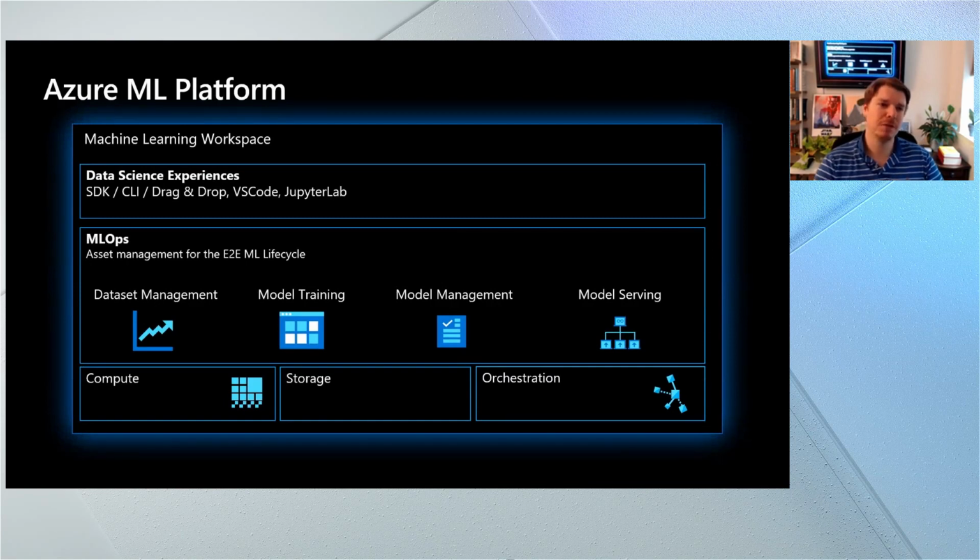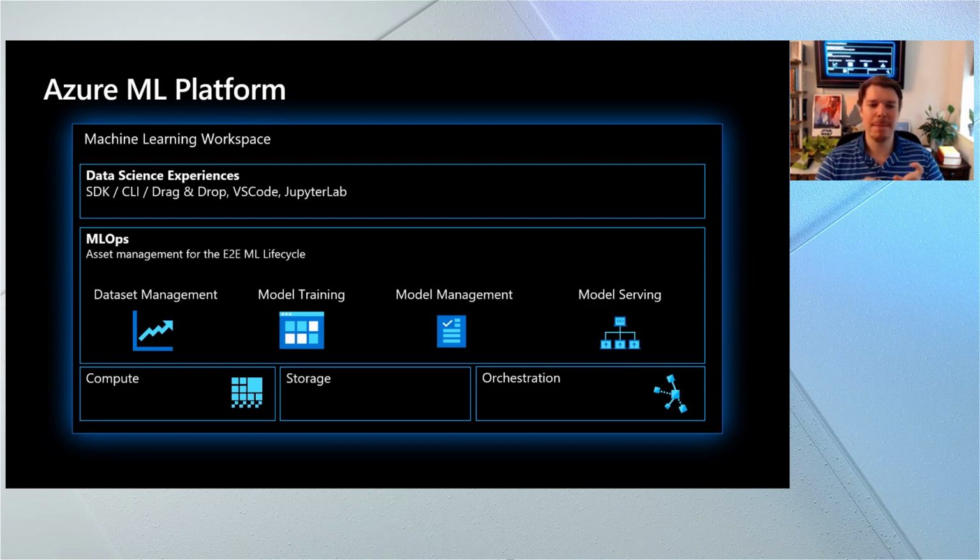When we talk about the machine learning platform on Azure, we see it as consisting of the following components. On the top, you have different experiences for data scientists. So we have a Python SDK, a command line interface, a drag and drop designer UI, as well as integration with the development environments that are most common amongst data scientists, like Visual Studio Code, Jupyter Lab.